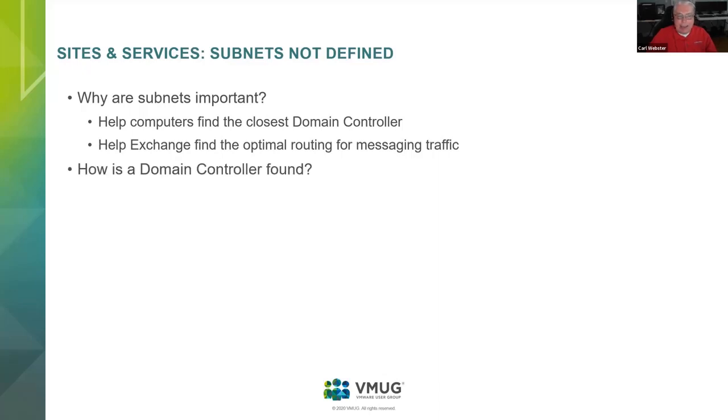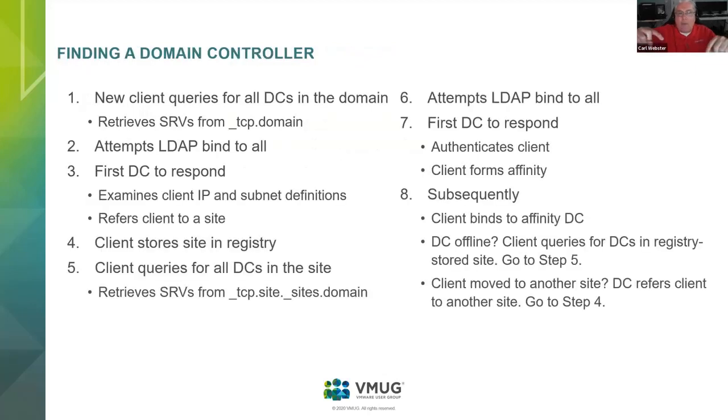So how is a domain controller found? If I'm bringing up a new client, and the client here is referring to the computer, not the user, when the computer comes up, it queries for all DCs in the domain. It does that by DNS, which is why DNS is so critical.